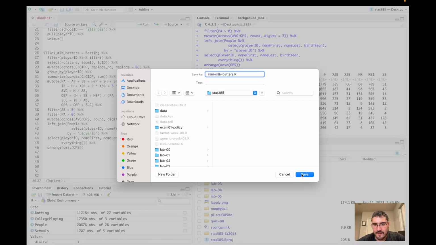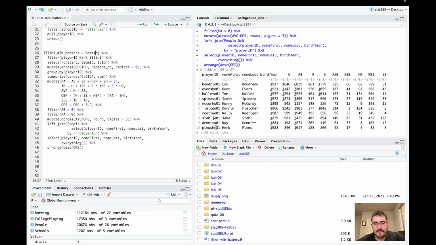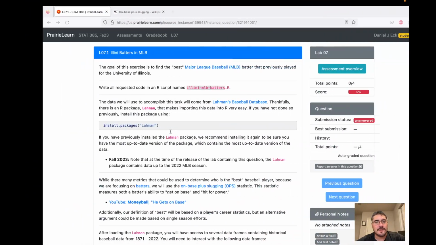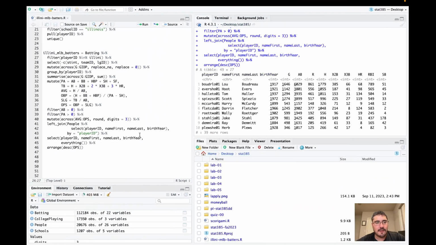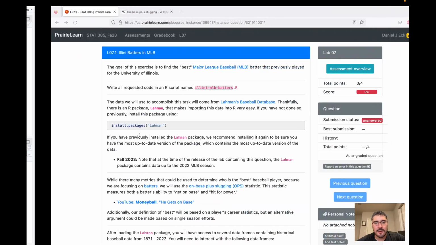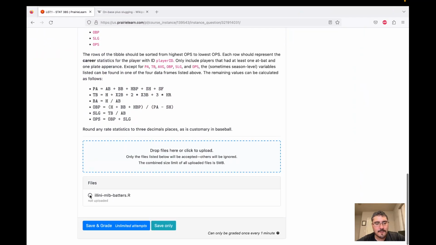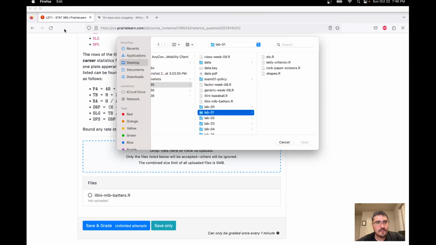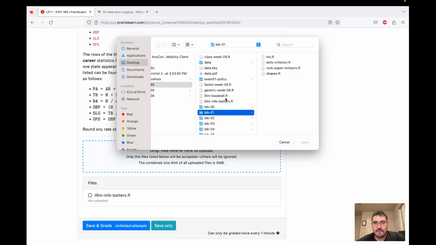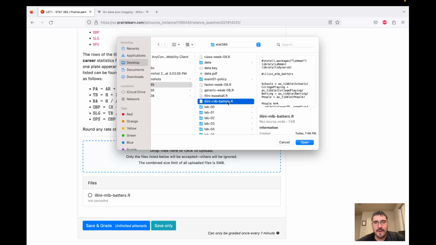Okay, Stat385. Save it. Okay, now let's go to our handy dandy auto grader. Illini MLB batters, is that what it was called?